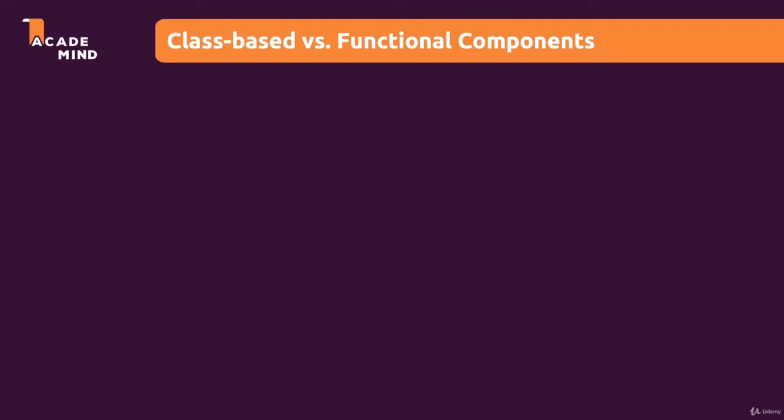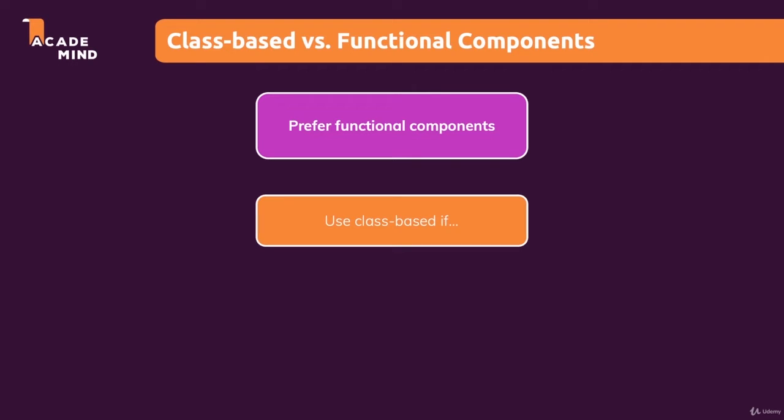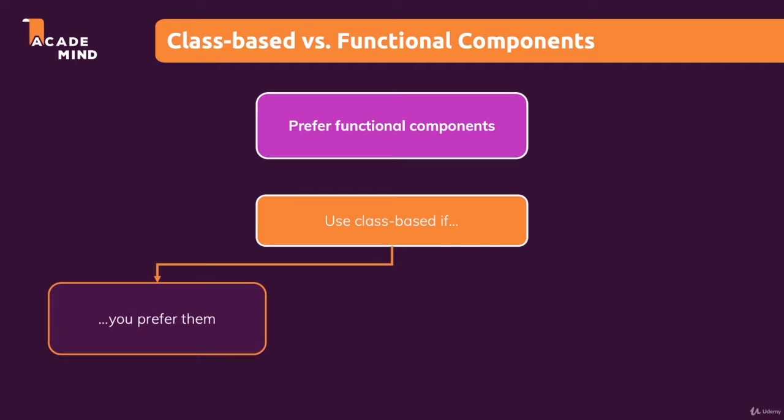As a general rule, you should simply prefer functional components. And you should instead use class-based components if you personally prefer them. So if you disagree, if you like them, of course you can use them. There's nothing wrong with them.